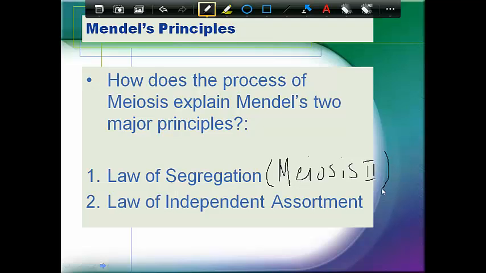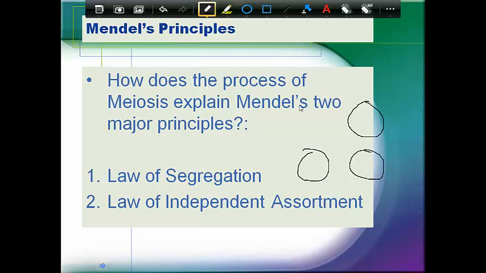The second one, the law of independent assortment, says that you're randomly going to get different alleles in different cells. This time we're going to start at the end of meiosis with our 4 cells. So there's our 4 egg cells or 4 sperm cells, whatever we've made. Here are some chromosomes inside them. We're going to put 2 in each cell.